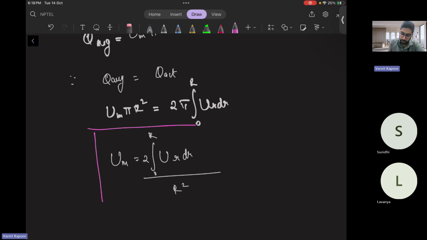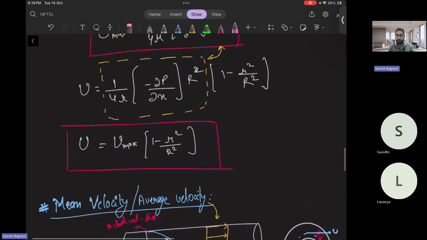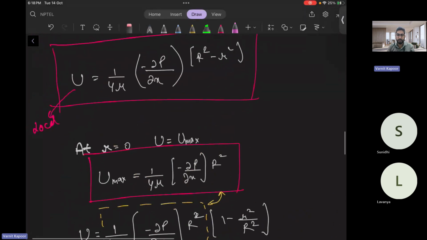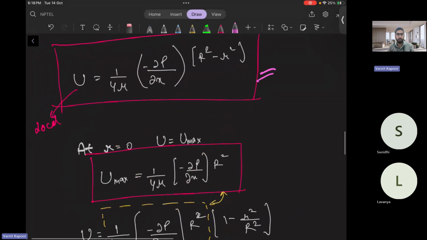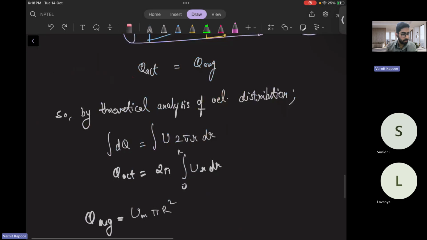This is your u mean velocity. And we know what is our velocity profile distribution for a laminar flow. We have derived this velocity profile distribution so far, and we can put this for the laminar flow.